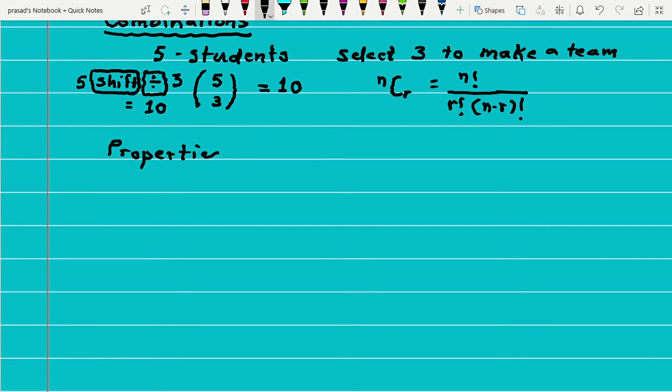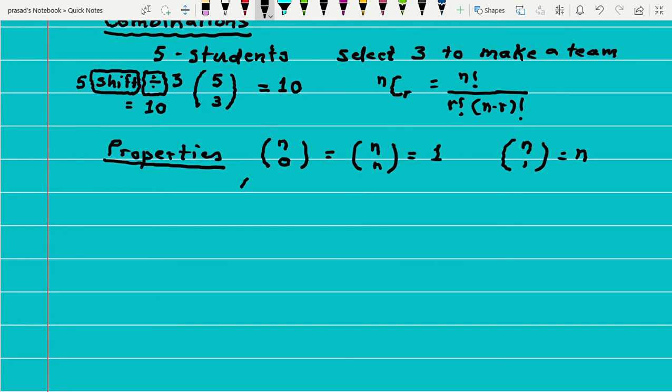So first of all, nC0 and nCn, both of them are equal to 1, and nC1 will be equal to n.